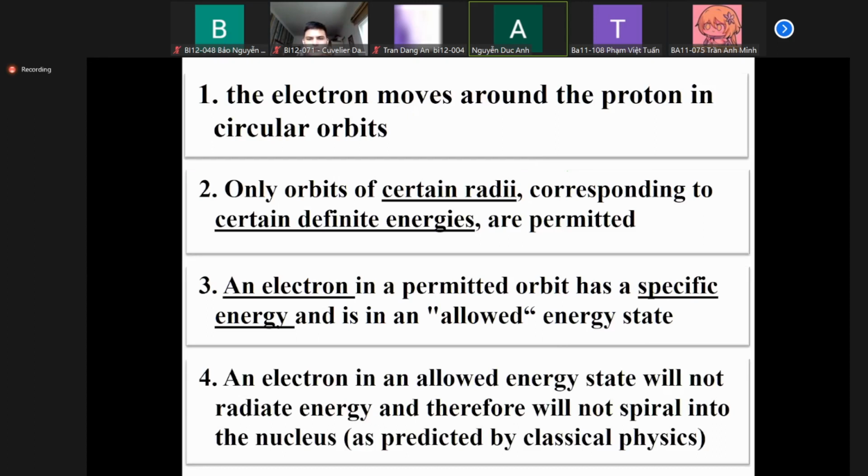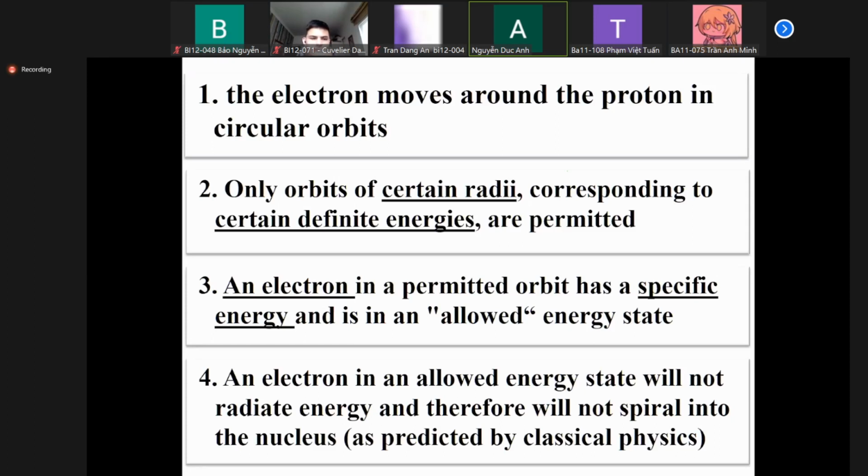And lastly, the electrons staying in orbit in this case will not radiate energy. This means that the electron in the orbit will not donate energy to others. They keep their energy constant.